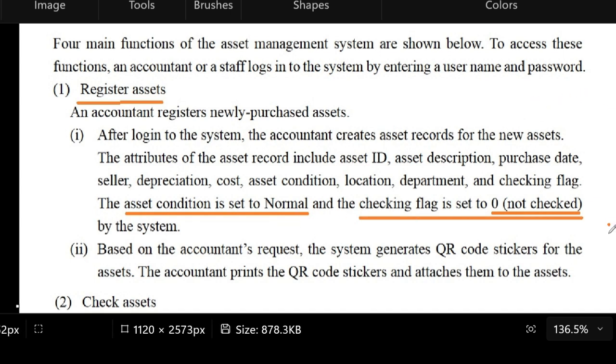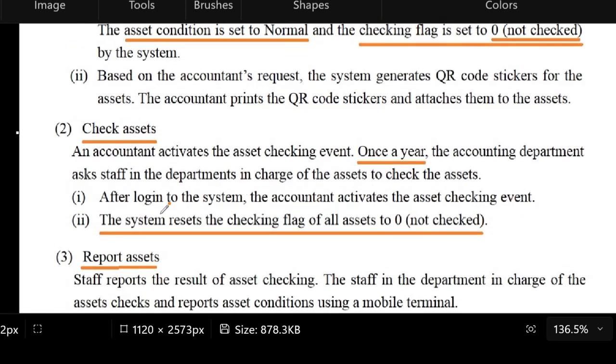So currently the checking flag is set to 0, which means it's not checked, and the asset condition is normal. The next step is checking the assets. Once a year, the accounting department asks staff in the departments in charge of the assets to check the assets, and the system resets the checking flag of all assets to 0, not checked. So from here we already get the idea that if it's 0, that means not checked.